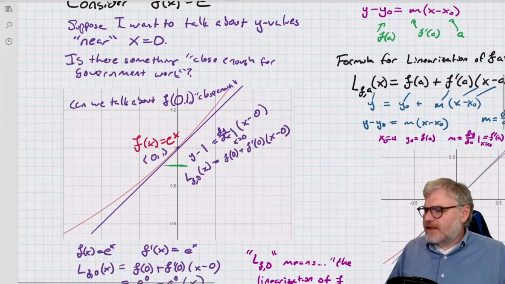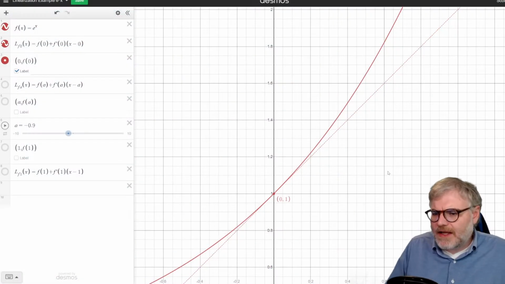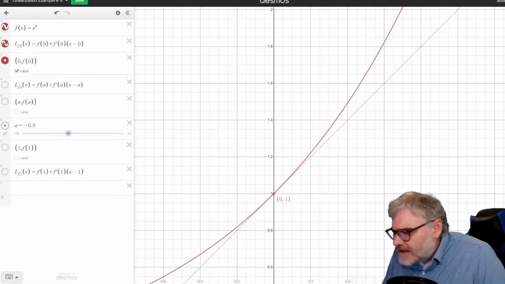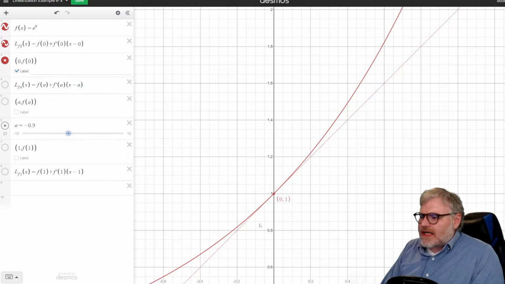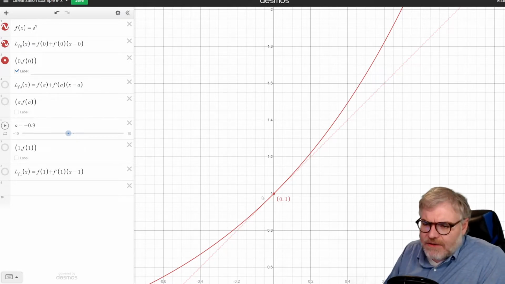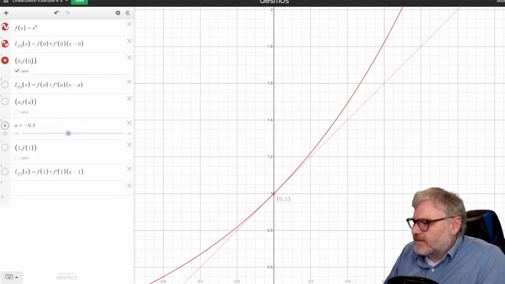Okay, so if we look at the graph of this function, again, here it is. Now, this is the estimator based on 1. And at 0, I have here my linearization, L_f,0, Desmos won't let me do the comma, equals f of 0 plus f prime of 0 times x minus 0.